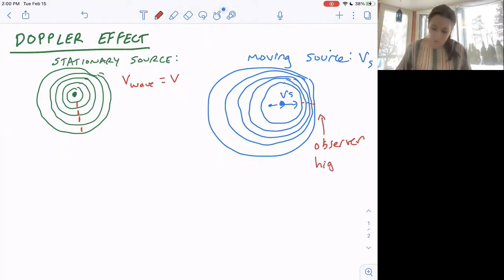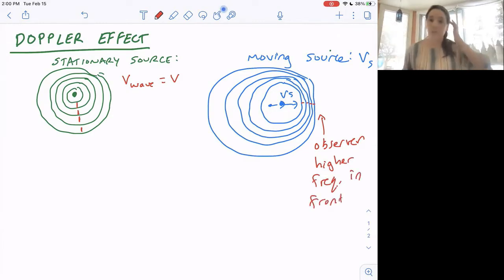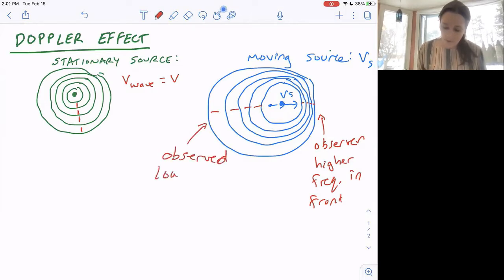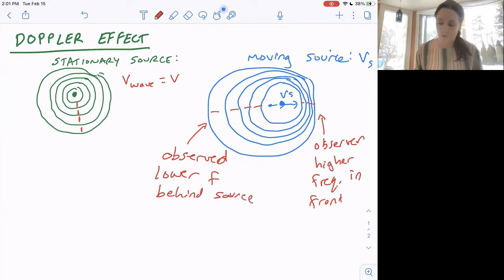So you would observe a higher frequency in front of the moving source if it's approaching. And then over here, the observer would have a lower frequency behind the source, meaning that it's moving away from you.